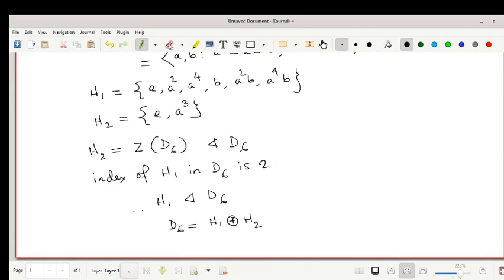It can be proved that it is a product of an element of H1 and an element of H2. I leave it as an exercise for you to verify that all these conditions are true. And what is the intersection of H1 and H2? Of course, the trivial subgroup. Once you prove that D6 is actually the product of H1 and H2, you are through. That is not difficult. You choose any element, and you can prove it very easily.